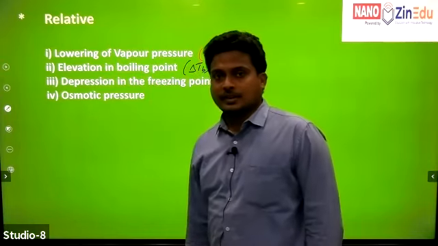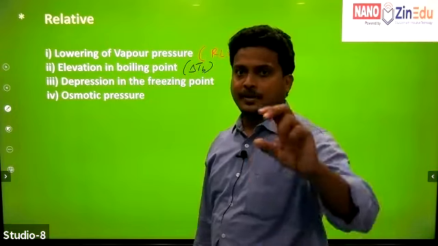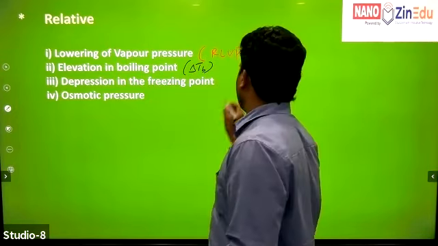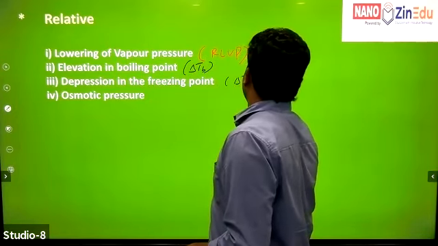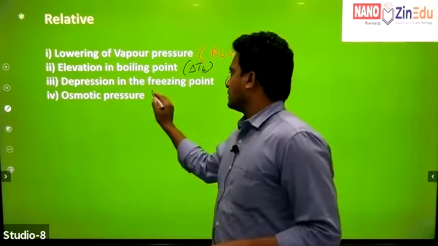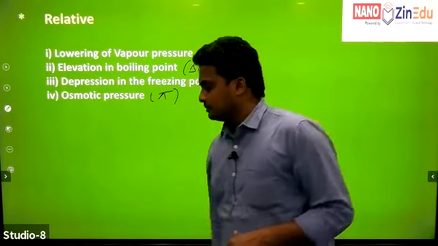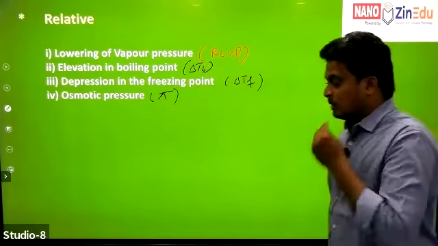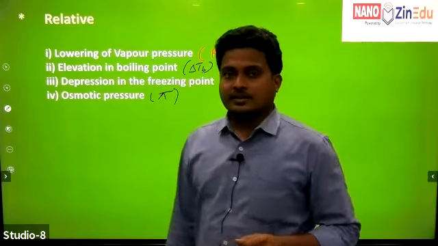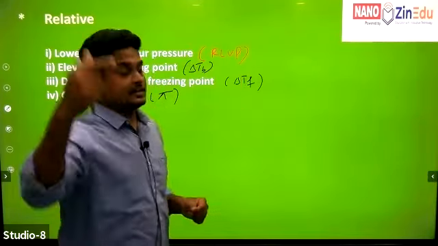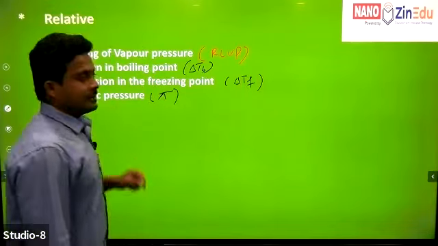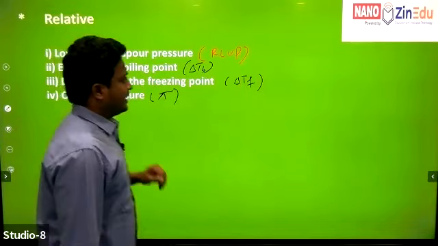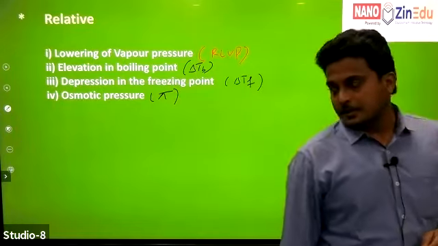Third is depression in freezing point, meaning decrease in freezing point, represented by delta TF. And the fourth is osmotic pressure, which we know is pi, right?